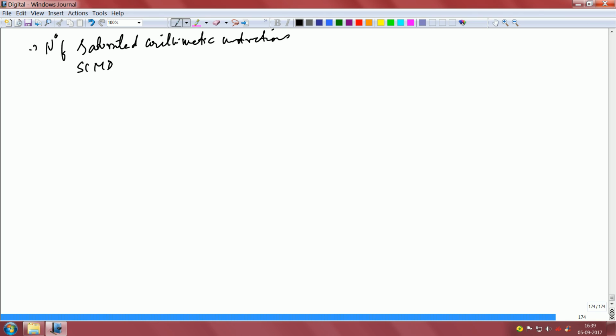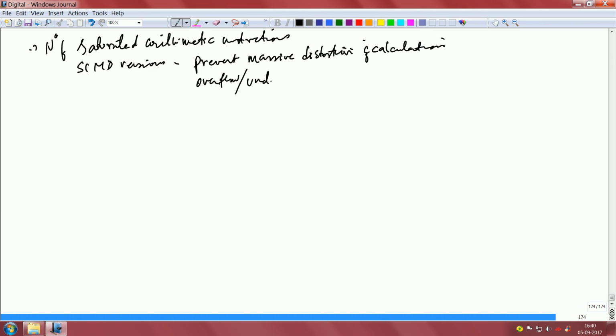A number of saturated arithmetic instructions including SIMD versions to ensure that you prevent massive distortion in calculation, which results in overflow, underflow and so on. So you have to bear this also in mind.